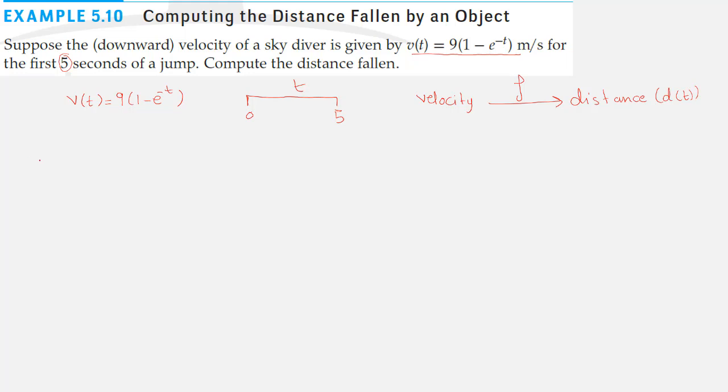Okay, so d of t equals the integration from 0 to 5 because it's the first 5 seconds, of 9 multiplied by 1 minus e to the minus t dt, and this is equal to, we get the 9 outside the integration because it's a constant coefficient, so 9, the integration of 1, which is t, and the integration of minus e raised to minus t is plus e to the minus t, and this is from 0 to 5.